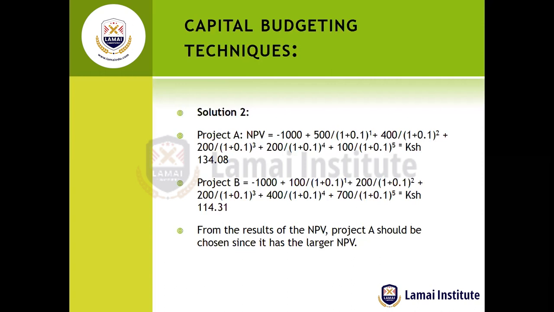Now, if these are two projects and you needed to select one using a capital budgeting technique, then of course you would select project A instead of B, because project A has a higher net present value. So A becomes something that we need to select because it has a higher net present value. So that's basically the net present value.